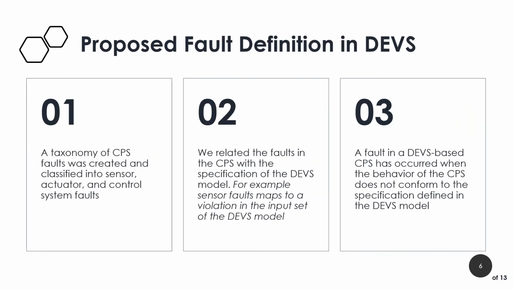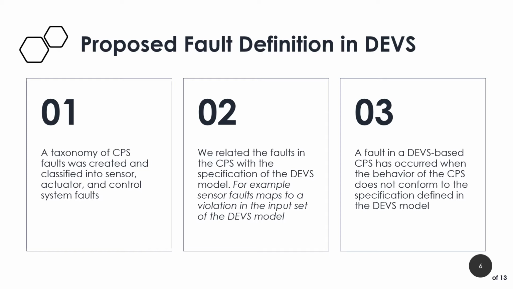work. Now, to define what a fault is, we took a taxonomy, like I said, and we classified those faults into three different aspects, right? So we have sensor faults, actuator faults, and control system faults. Now, the next step was that we related these faults to the modeling framework. So what does a fault in the physical system mean in the modeling methodology?